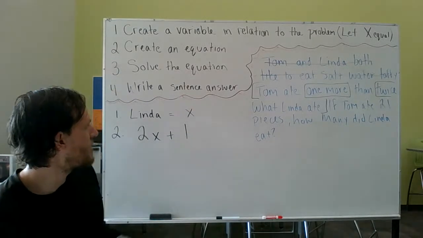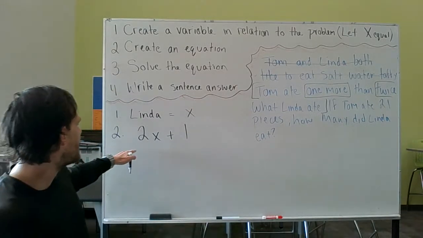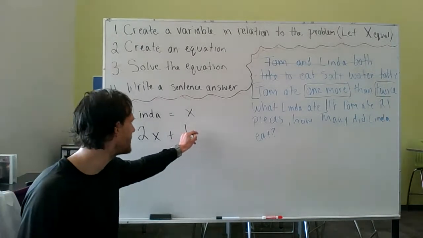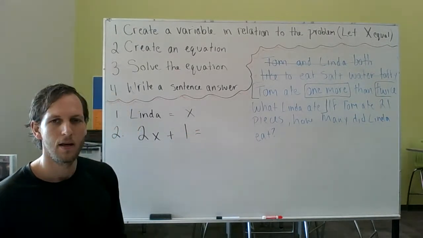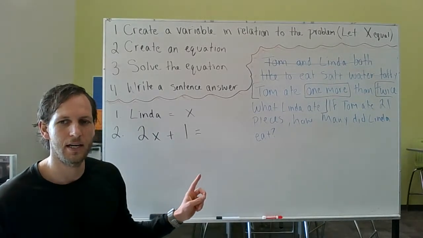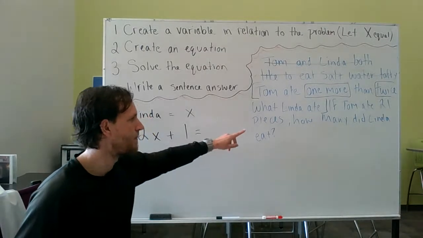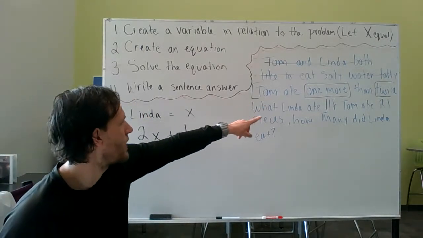Number 3 says solve the equation. Well, this is just an expression, so we're not quite there. If we want to turn this into an equation, we need to write down an equal sign. There's one more piece of information here that will help us create the equation. Tom ate one more than twice what Linda ate.